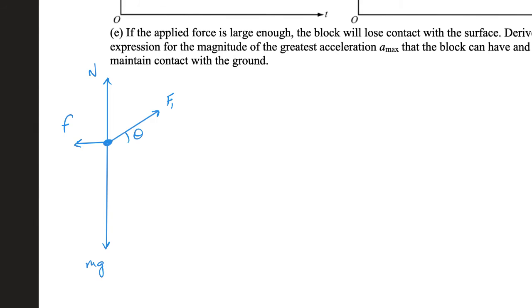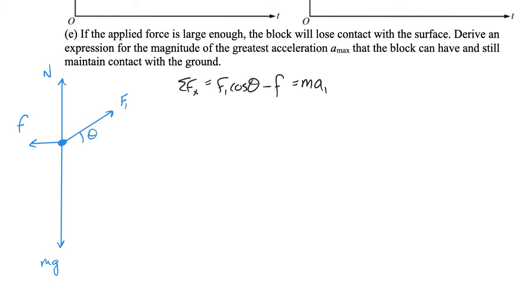That good? All right. Now, a quick run through tells me that net force in the x direction is going to be F1 cosine theta minus friction equals MA1, using the symbols they gave me. All right.